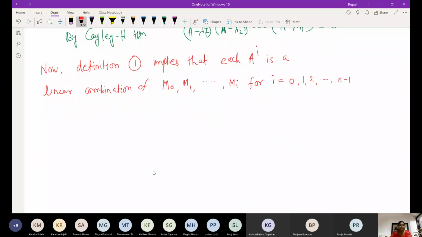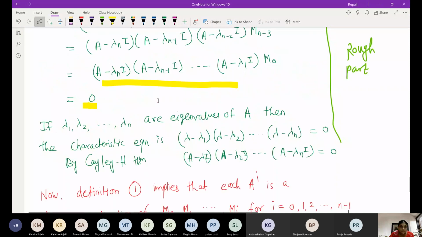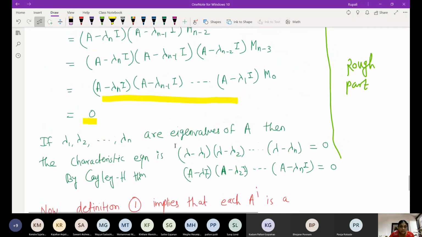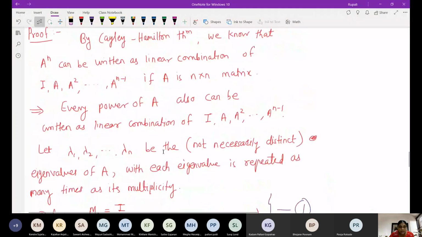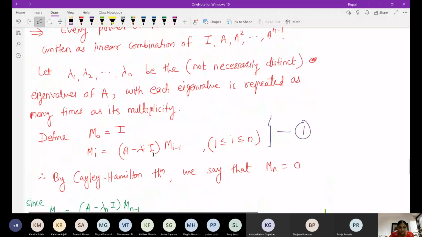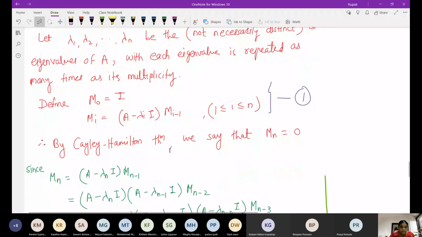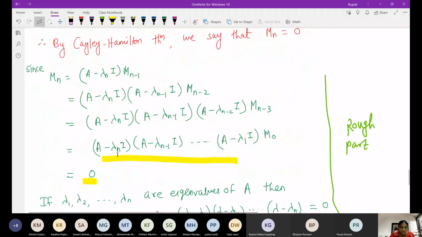Is that right? See this definition: Mi is (A minus lambda i I) times Mi minus 1, and M0 is identity. So each A raised to i can be written as a linear combination of M0, M1, M2 up to Mi. You can see here.